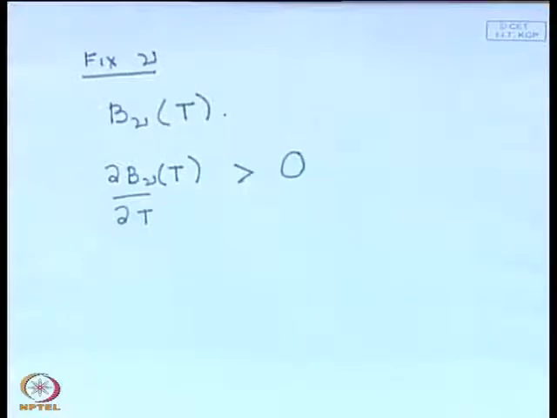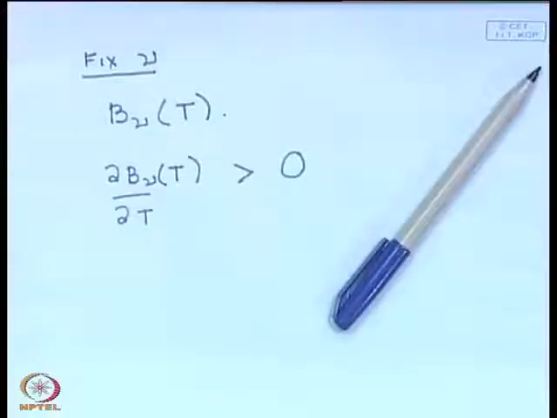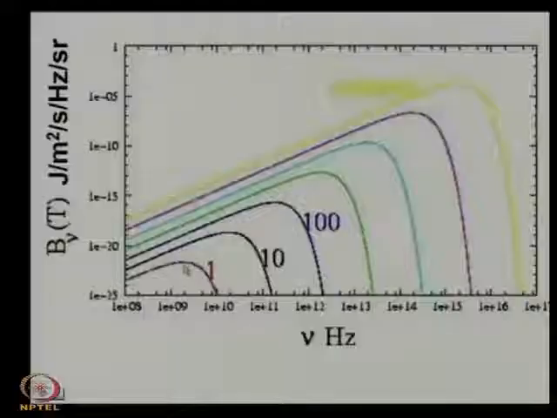So, it means that if I increase the temperature, the value of the specific intensity at a fixed frequency is going to increase. So, if I fix the frequency and look at the curves for different temperature, they all lie on top of one another. As the temperature increases, the value of the specific intensity goes up.